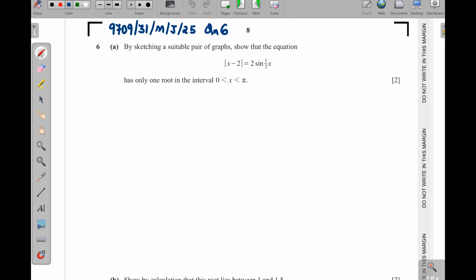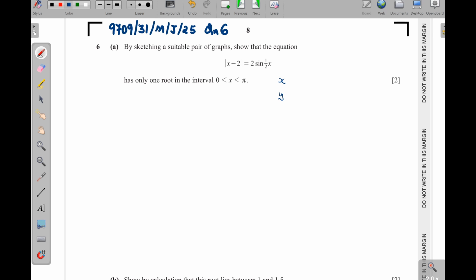Question 6, part A. By sketching a suitable pair of graphs, show that the equation, this one here, has only one root in this interval. So what we do is to create a table, and then we get values, then we plot, as simple as that. So we have x here, and then y.